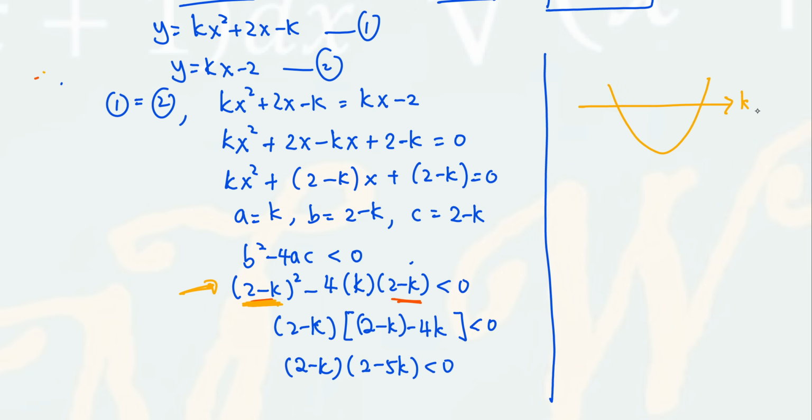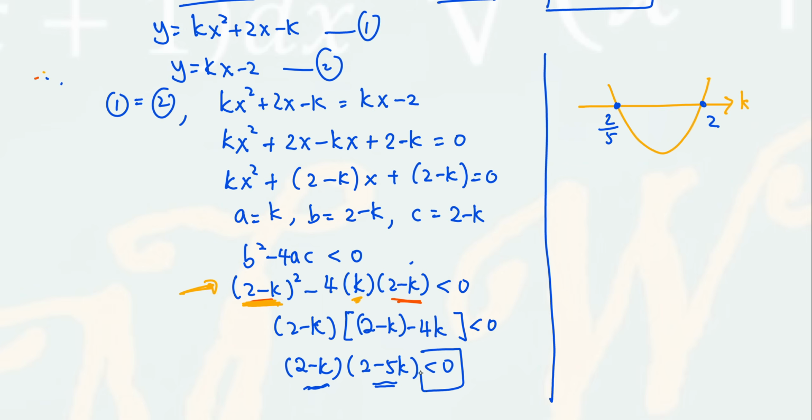Okay, and now my horizontal axis becomes k because the equation is in terms of k, no x. And now to label all the intersection points, let this be 0, your k is 2, and this is 2 over 5. So which means here 2 and this is 2 over 5.